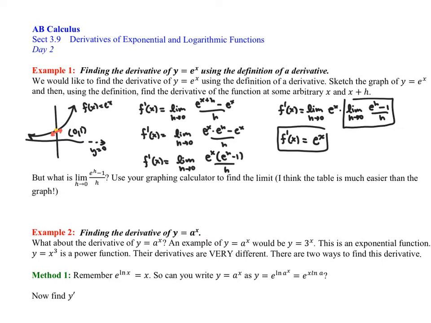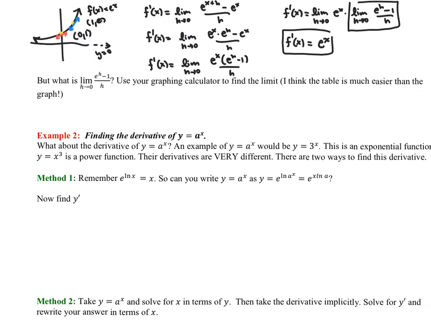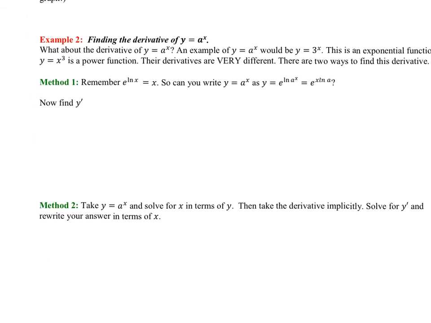At 1, let's go here to 1, that's the point (1, e). The slope of the tangent line there is e. So the slope at any point on the function is the same as the output on the function. It's just unreal.